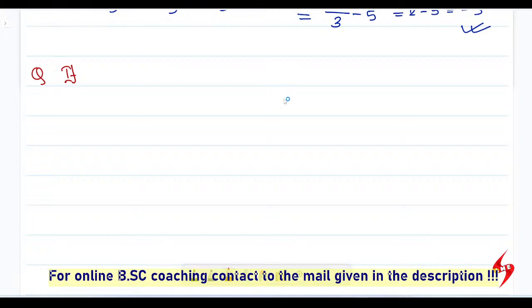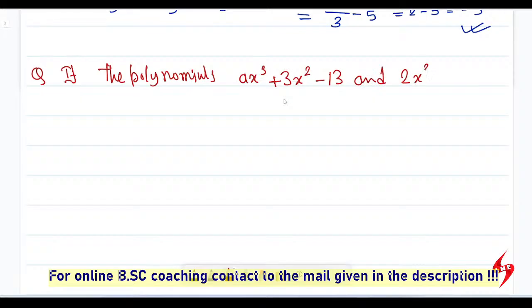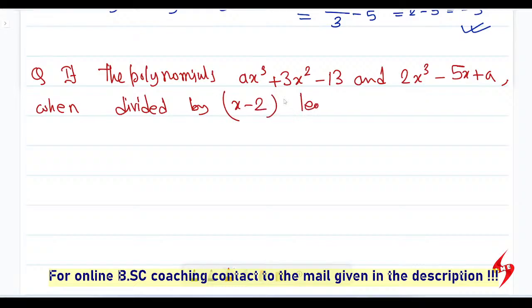If the polynomials ax cube plus 3x square minus 13 and 2x cube minus 5x plus a, when divided by x minus 2, leave the same remainder.